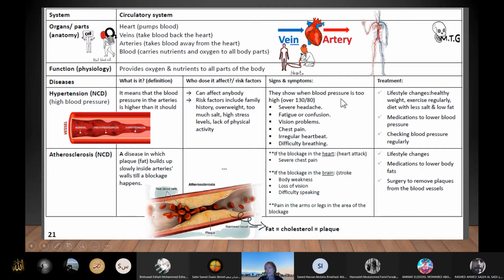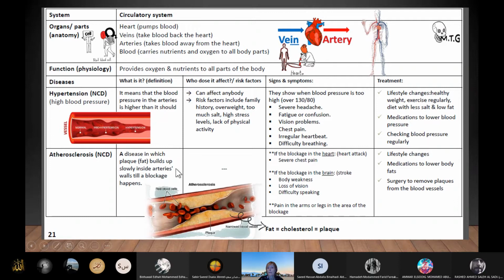Some of the signs, things that you may feel or hear: you might have a headache, you might have vision problems, blurry vision, or you may have some pain or difficulty breathing and feel pain in your chest. So there are medications and there are lifestyle changes that you need to make if you have high blood pressure.